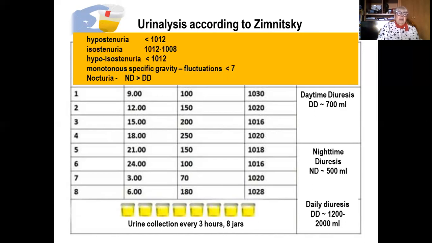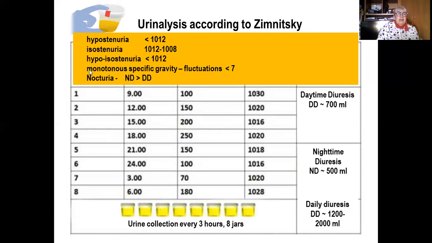As to hyposthenuria, you have to know that it is the criterion associated with equal specific gravity of the urine and the plasma, and it is the inability of the kidneys to concentrate the urine.